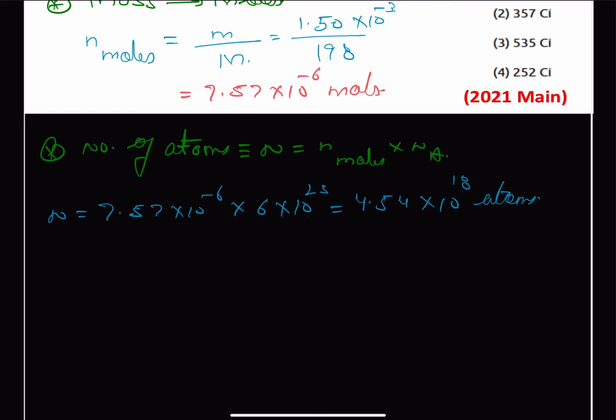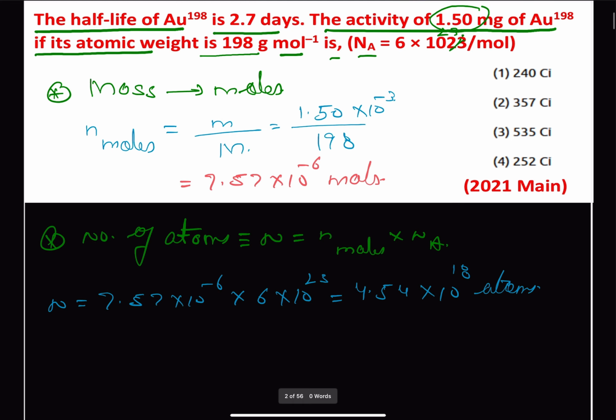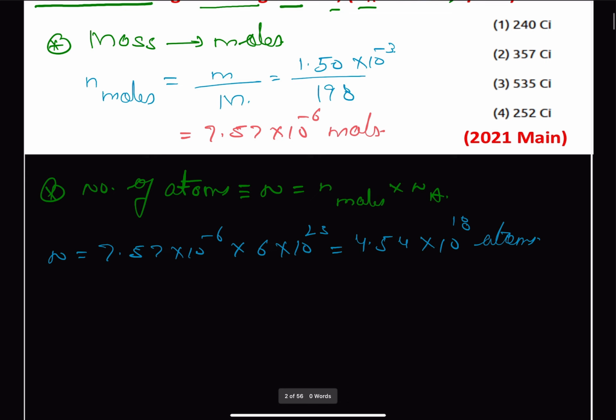And we are given that the half-life is 2.7 days. So we are going to convert this half-life from days into seconds, then we are going to find out our decay constant.